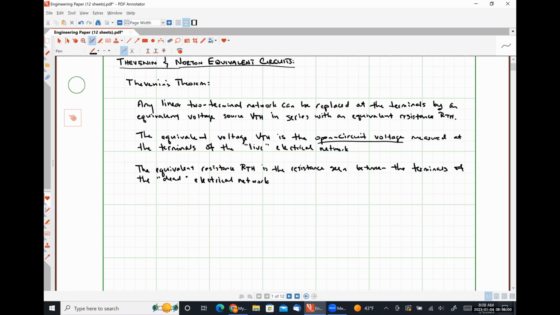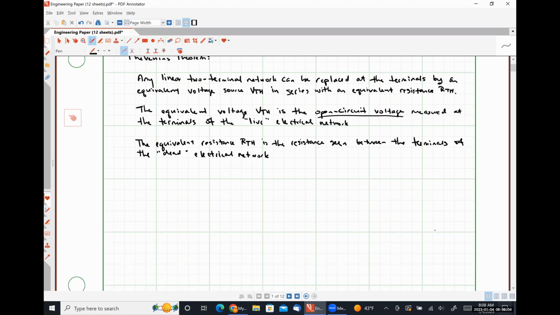Okay? So we are going to find the Thevenin equivalent circuit of the following system.